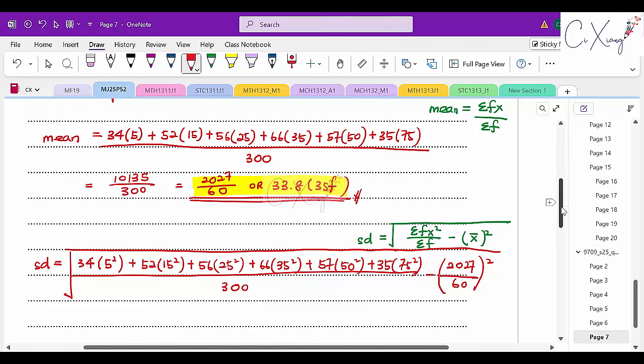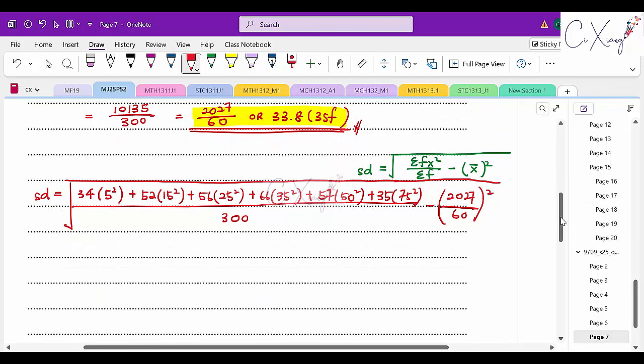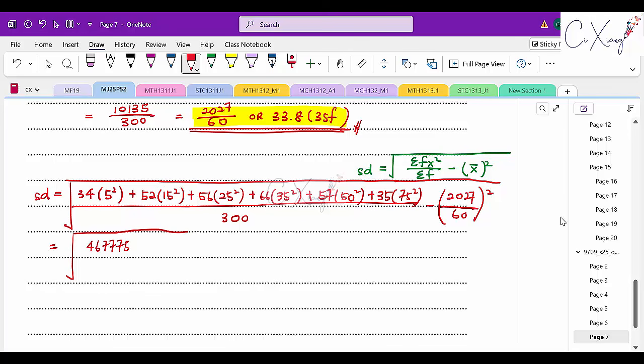Okay, all right, then double check and see. Do you get this or not? By right, you should be getting this. 46775 over 300, then minus this mean square.